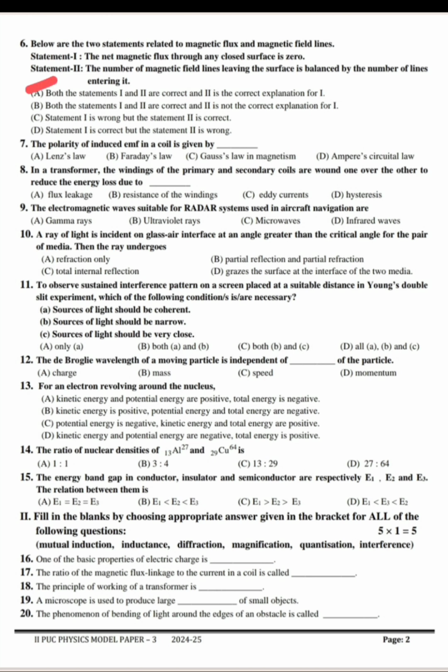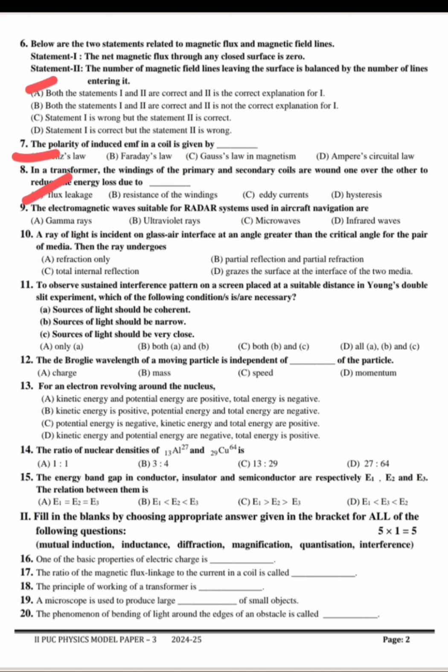The polarity of induced EMF in a coil is given by Lenz's law. In a transformer, the windings of the primary and secondary coils are wound one over the other to reduce the energy loss due to flux leakage. So in a transformer, if primary and secondary coils are kept at a certain distance, then there is a chance of loss of flux.